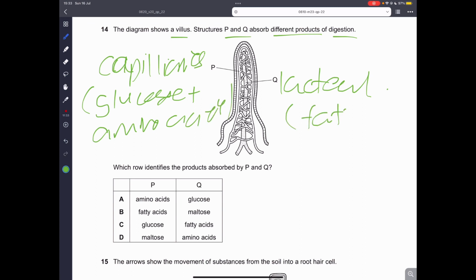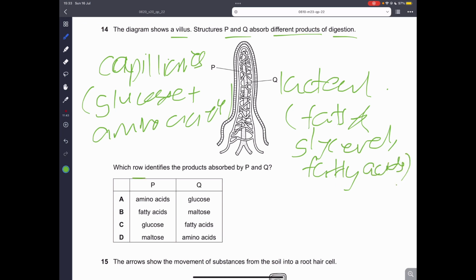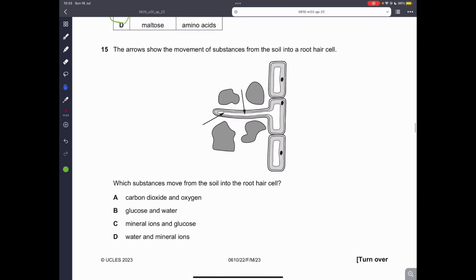Lacteals absorb fats, glycerol, and fatty acids, basically the products of fat digestion. So which row identifies the products? P is glucose or amino acid, Q absorbs fatty acid, so C is the correct answer.